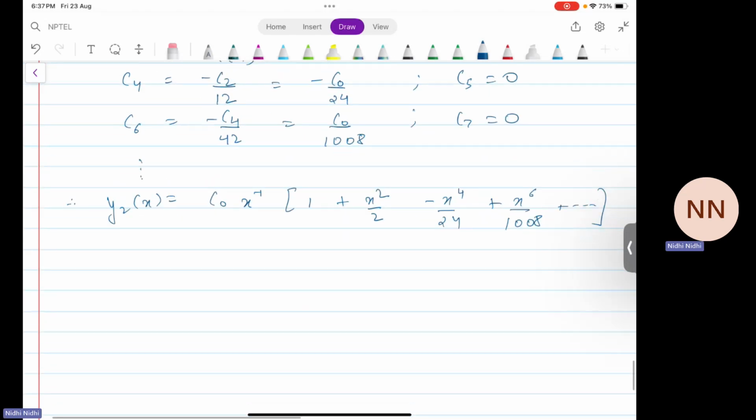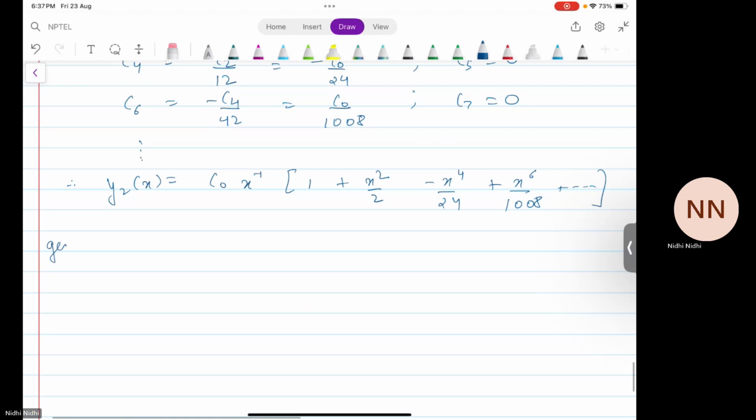Therefore, our general solution is given by y(x) is equal to a times some x to the power 5 by 2.